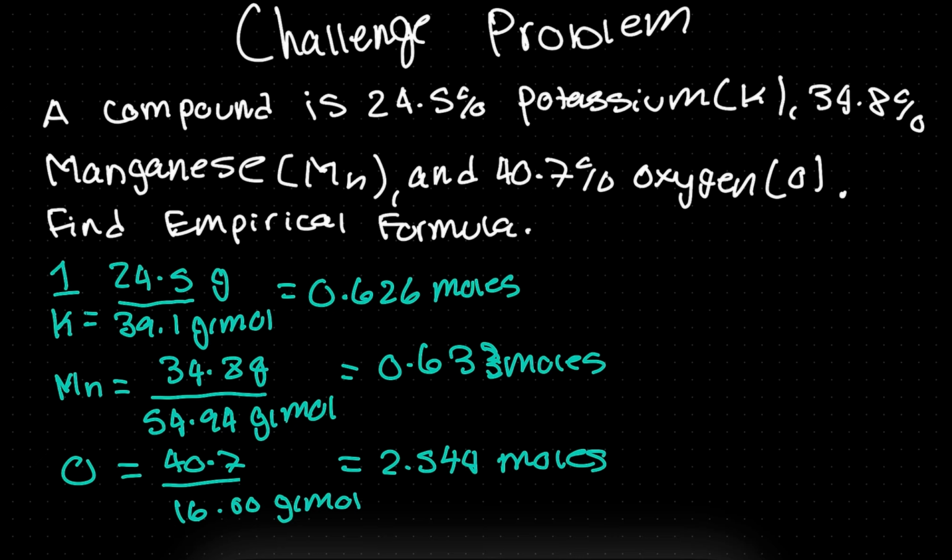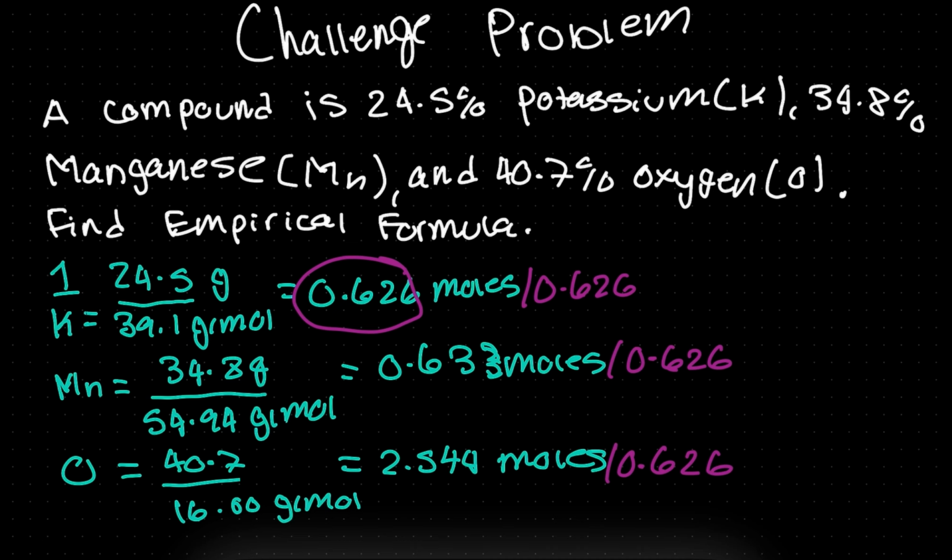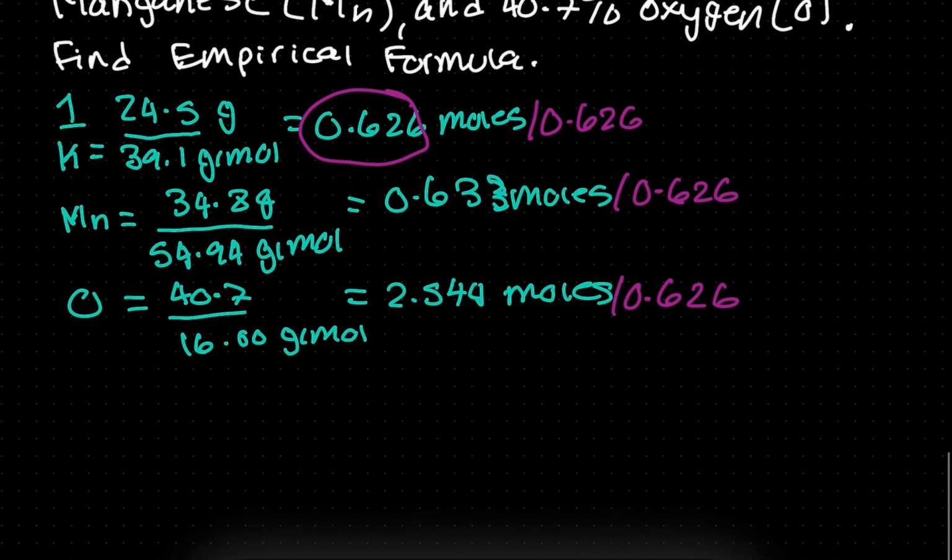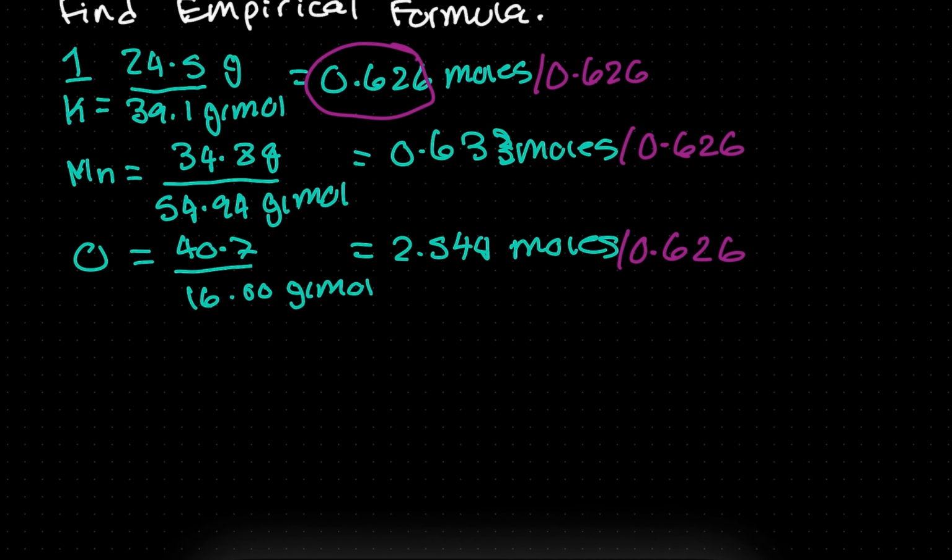So what is the smallest one out of all of these? Well, the smallest one is 0.626. Let's divide all of them by 0.626. And so from here, for potassium, we would have 1.